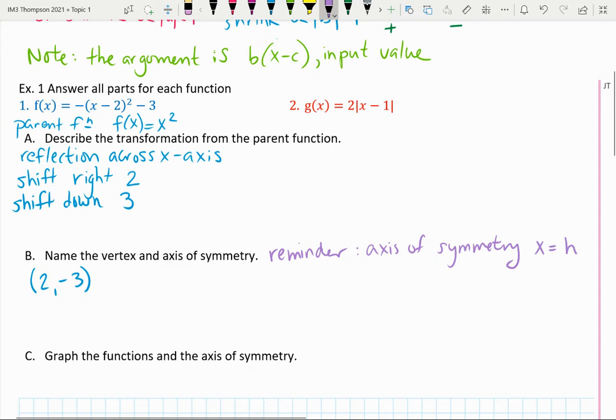The axis of symmetry is that line that goes through the graph. If it's a parabola that opens up, it goes through the graph vertically, and it basically causes a mirror image, right? This left side is a mirror image of the right side. That's the axis of symmetry. It's the line where the graph is symmetrical.